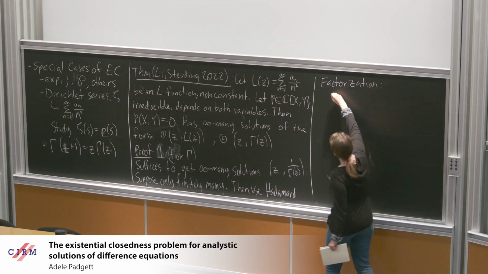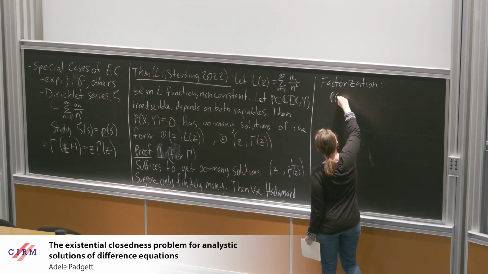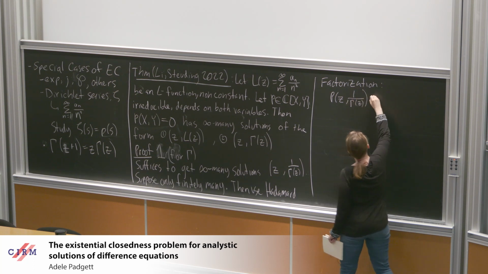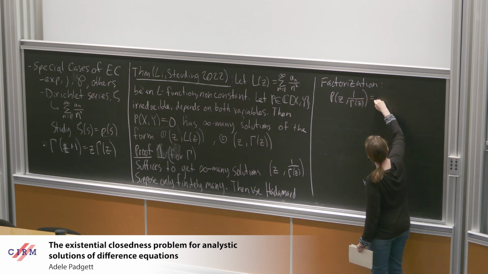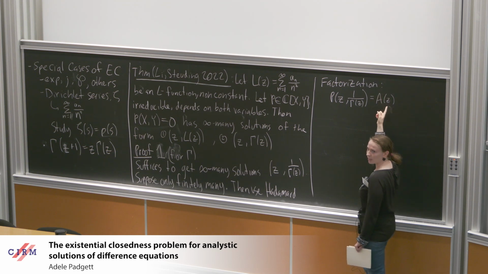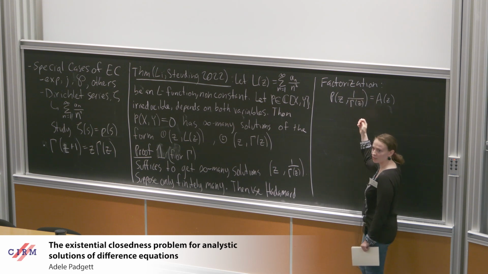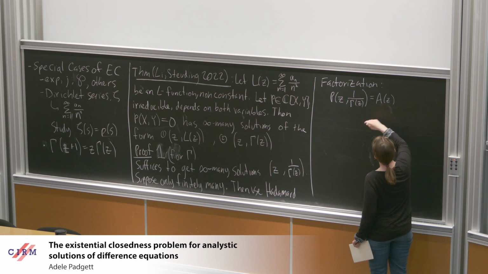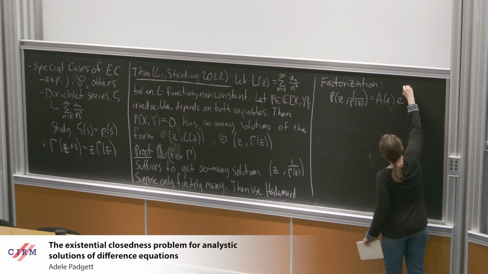And so what we get then is that we can factor this as a polynomial. Normally it would be a rational function, but 1 over gamma also has no zeros. Sorry, no poles, times the exponential of another polynomial.